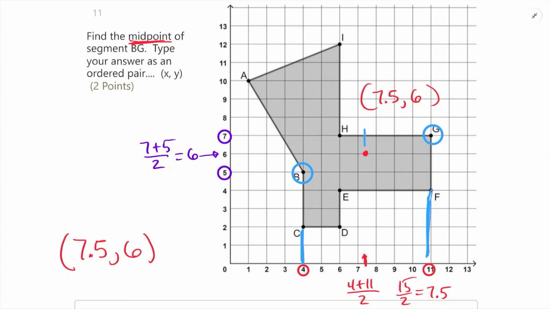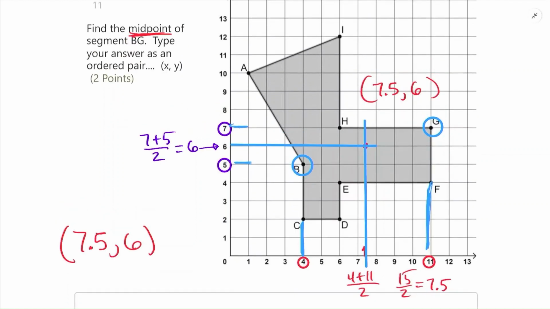So the midpoint is on this line where x is 7.5. And then do something similar for the y's. See, y's are at 7 and 5. Well, 7 plus 5 is 12, and half of 12 is 6, so that means that it has to be on this line. And where those two lines meet is exactly at the point 7.5 comma 6. X is 7.5, y is 6.